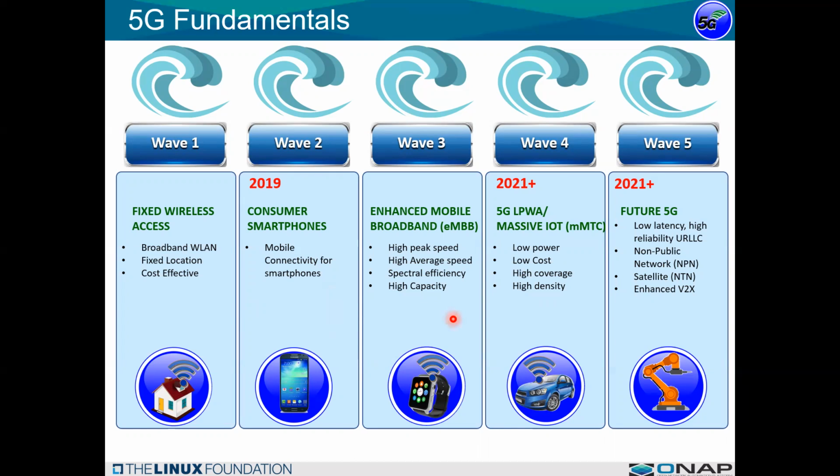And we're just starting to see enhanced mobile broadband, so better performance and higher average speeds, better spectral efficiency, higher capacity. A lot of service providers around the world have invested $1.7 trillion to try to roll out 5G, which requires a tremendous new amount of technology and base stations to roll it out.